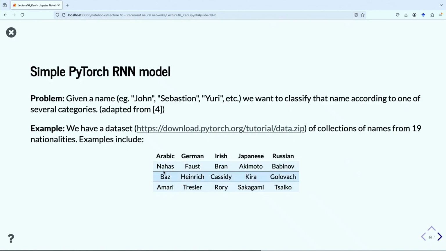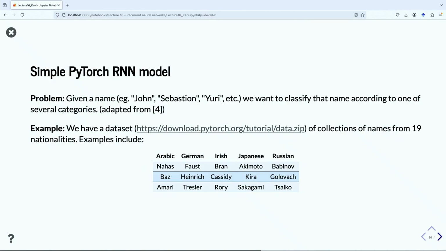We have Arabic names: Nahas, Baz, Amari, which sound very Arabic. We have Japanese names: Akimoto, Kira, Sakagami. We have Russian names: Babanov, Golovit, Salko. And each of these names has a certain quality, right?